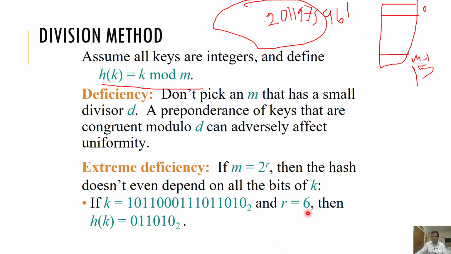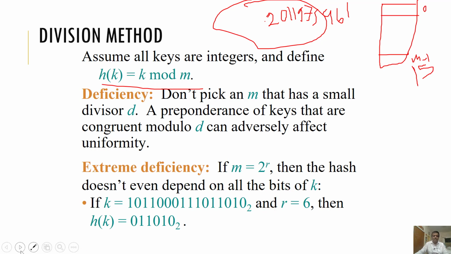Since m is 2 to the power 6, that is basically the last 6 bits, so the remaining most significant bits have no role in this value. If we change one of them, the key will hit the same slot, so there will be a huge number of collisions. Everything sharing the same last 6 bits collides. We want keys distributed over the slots, so this is not a good choice of m for the modulus operation.